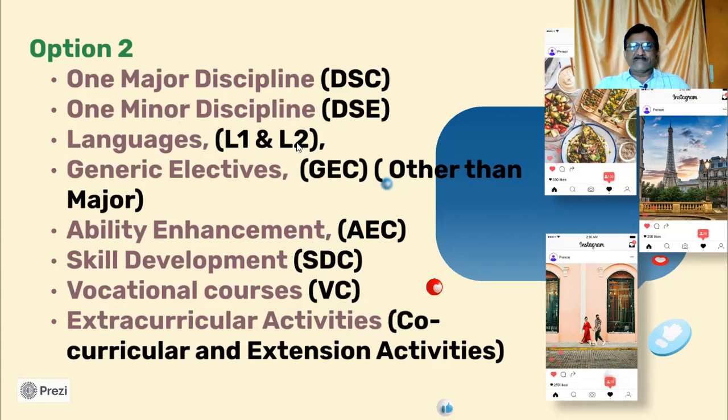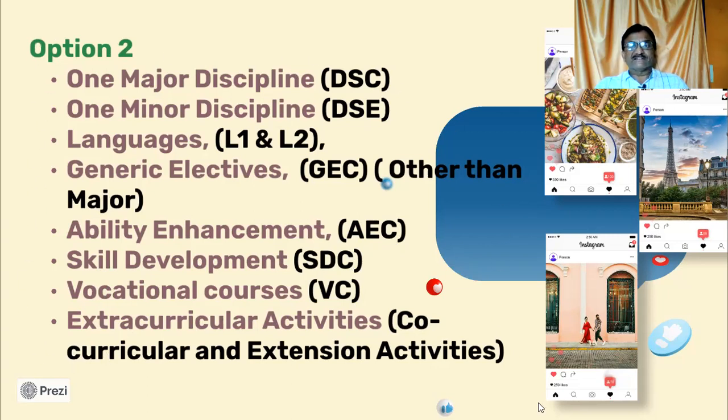Whatever it might be, they must have studied it during the +2 level. Then general elective subjects, which I have already explained, should always be other than the major subject. And ability enhancement courses, which I have also explained, and skill development courses, vocational courses, and extracurricular activities.